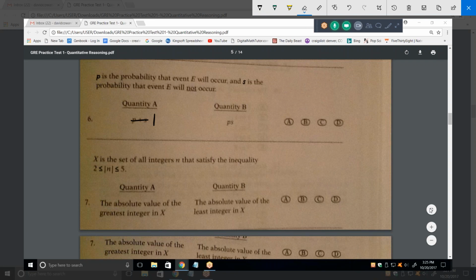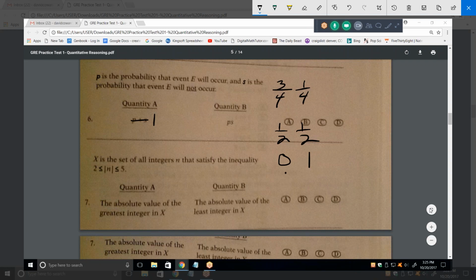Now, let's compare it with P times S. First of all, probabilities always total 1. So if P were 3/4, S would be 1/4. If P were 1/2, S would be 1/2. If P were 0, S would be 1.